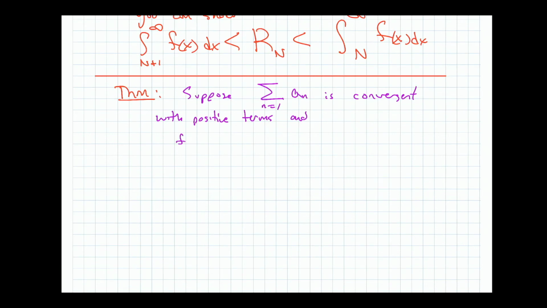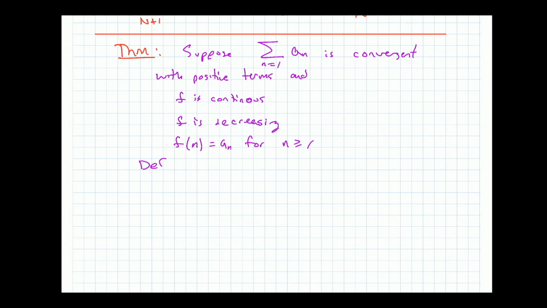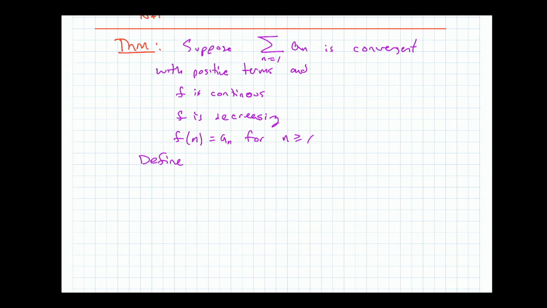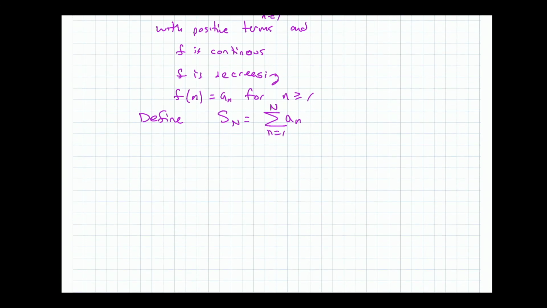So we need f is continuous, f is decreasing, f of n equals an for all n greater than or equal to 1. We define the partial sums. We already know that, but I'm just going to say it. Sn is the sum from n equals 1 to capital N of an.